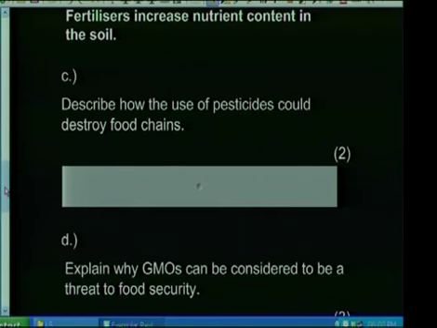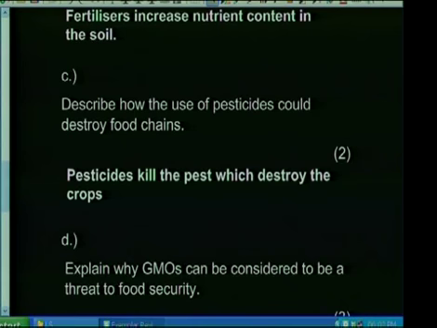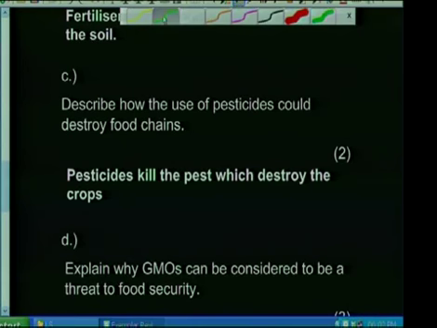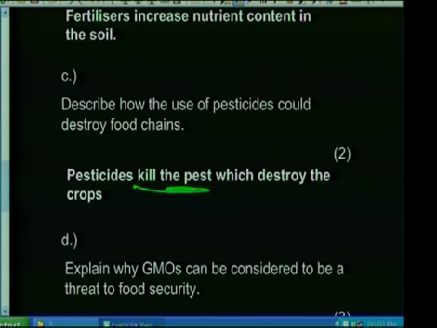Describe how the use of pesticides, now listen to the question. Describe how the use of pesticides could destroy food chains. Now we're looking at the ill effects. And in this case, very simply, they kill the pests which destroy the crops. That's one way there, but that's not the answer.